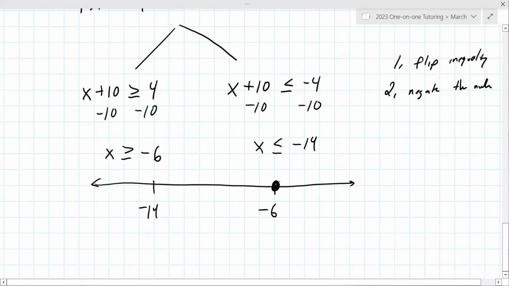So it's to the right of -6, and it's to the left of -14. So it's all the numbers less than -14 or all the numbers greater than or equal to -6.